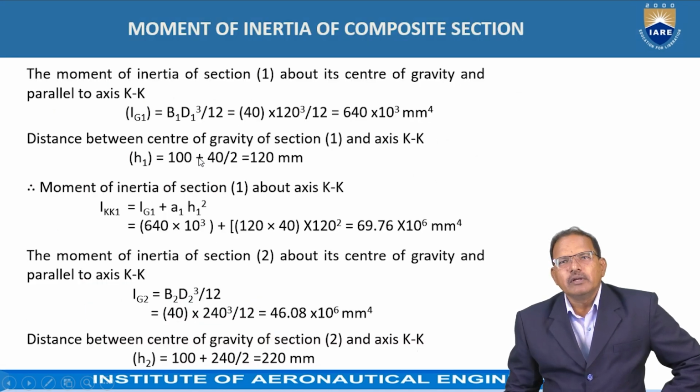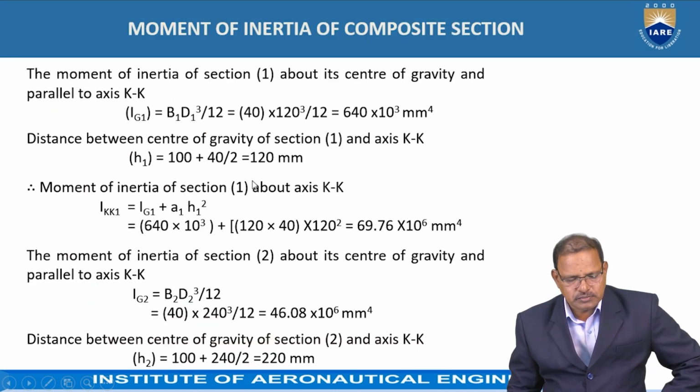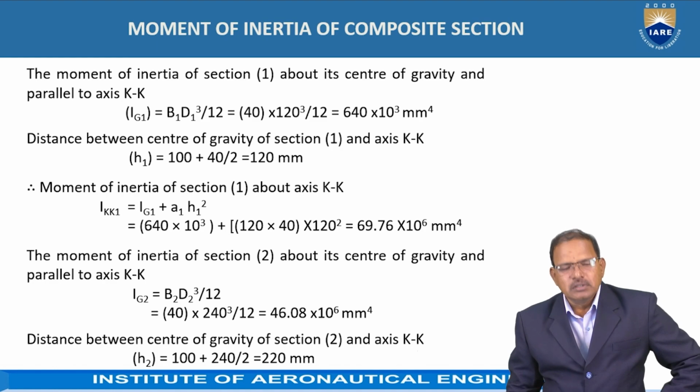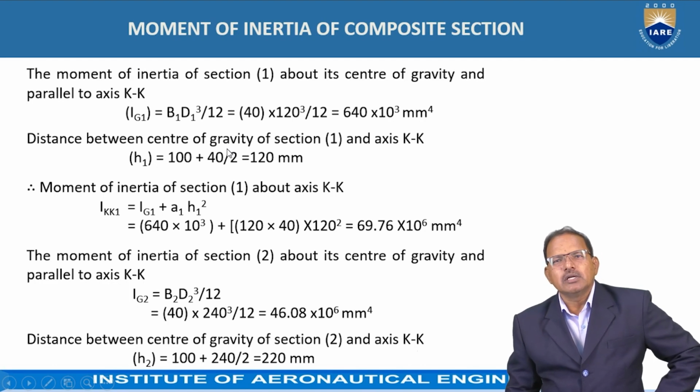The moment of inertia of composite sections. While solving problems related to composite sections, first divide the composite figure into regular segments such as rectangle, square, triangle, circle, semicircle, and so on.